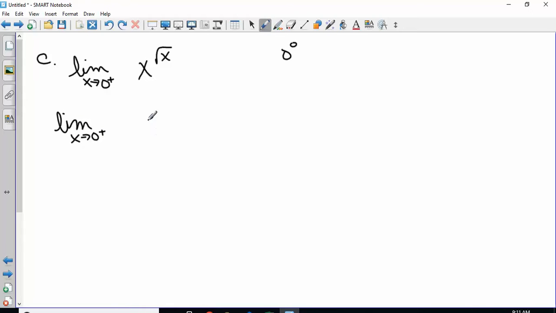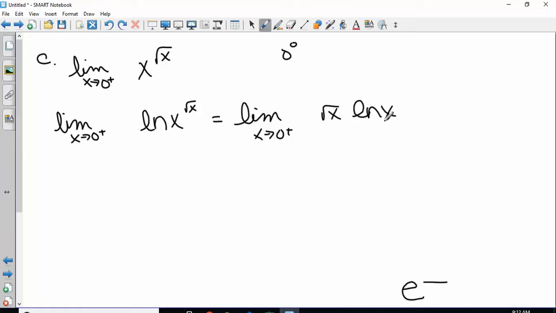Now what's the opposite of a log? E. So we have to undo this at some point, so at the end our final answer will be e to whatever power we get. So we'll add the e at the end to cancel this. The reason we like this log is because properties of logs allow you to bring down the x.